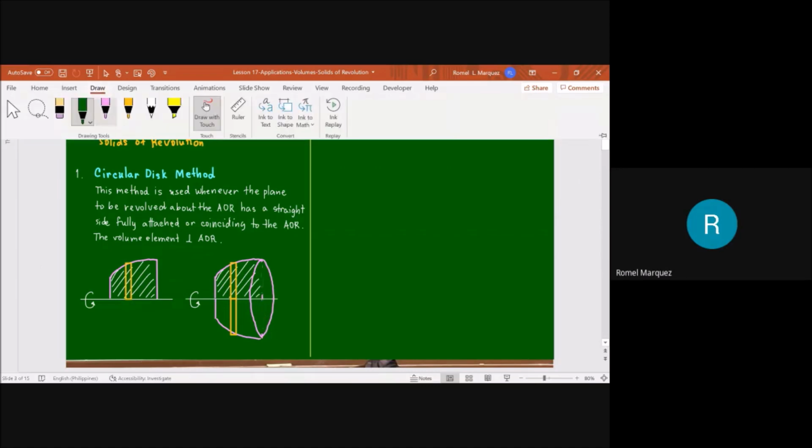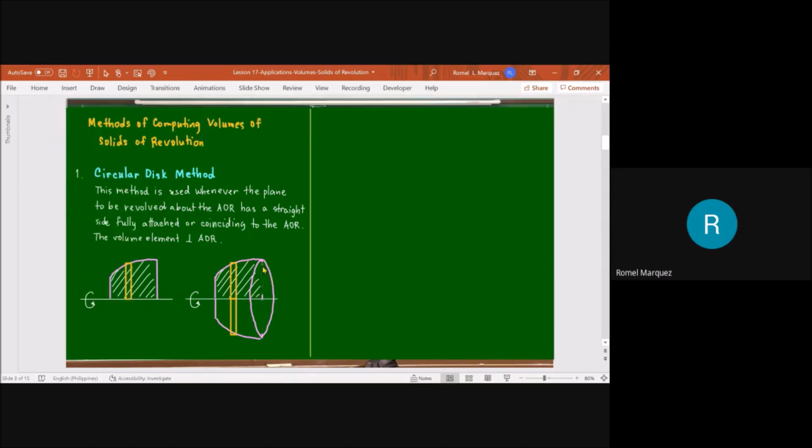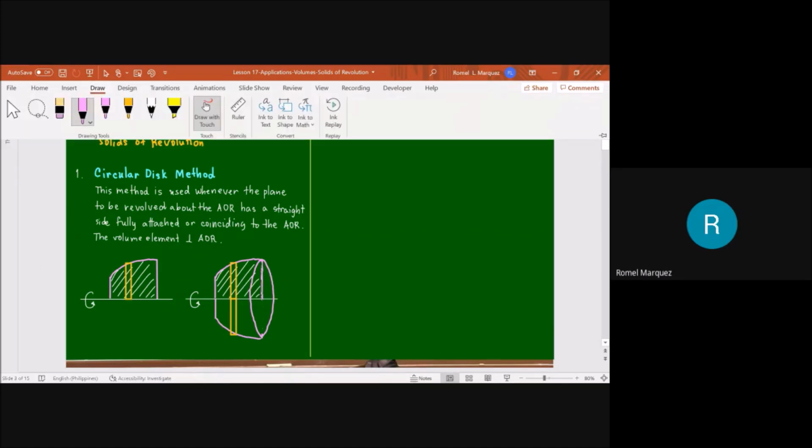And this is the original area that we had. I think let me have it thin only. So this is the original region. And that is the solid that is formed after revolving about that line. Is that clear, guys? And the disk that is formed will look like this.